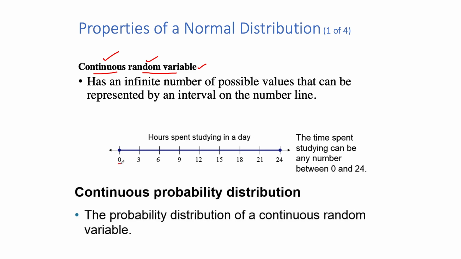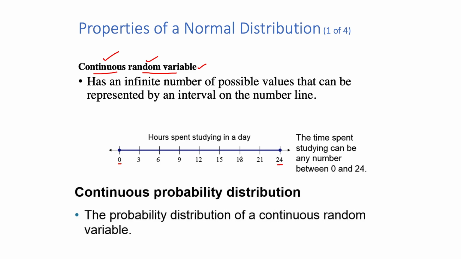It could be anything from 0 to 24, so there's a lower limit and an upper limit, but it could be anything in between these 2 points. You could have spent 0.0001 of an hour studying, 0.5 hours, or 0.77 hours. In a certain sense, between any 2 points on the number line, there is an infinite number of points. So this is a variable which takes on many different values, it takes each of these values with different probabilities, and the number of values that it can take on is not countable. That's what we mean when we say a continuous random variable.